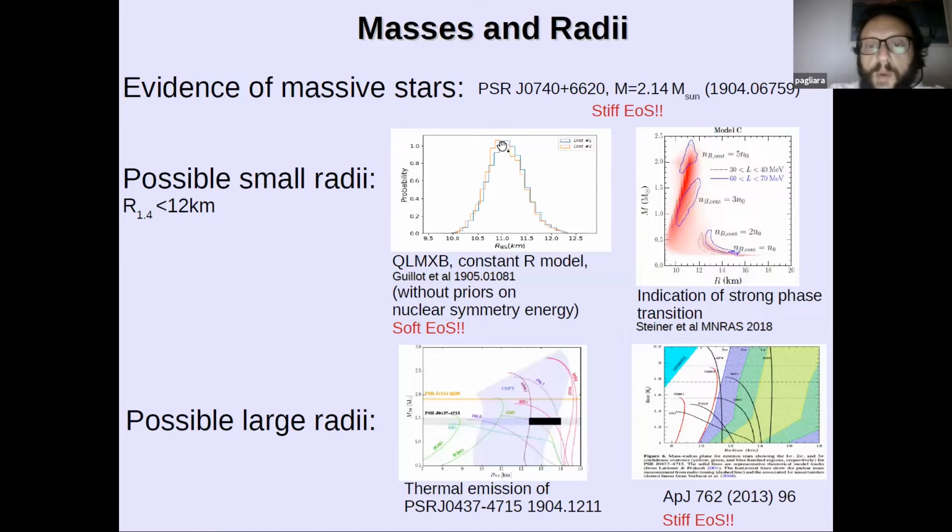Actually, in this example, for instance, the central value is close to 11 kilometers. On the other hand, there are also cases in which radii are large. In this case, 13 kilometers, and in this case also above, let's say, 12 kilometers. So those data, putting everything together, it seems like the equation of state sometimes is stiff and sometimes is soft. And actually, as you will see, our interpretation is that it could be both somehow.